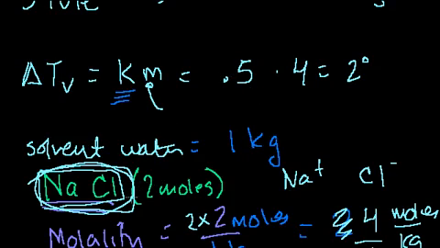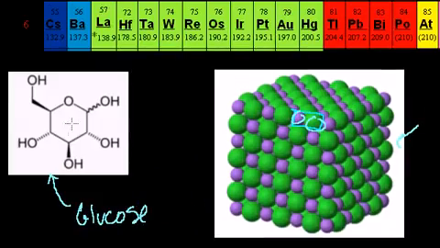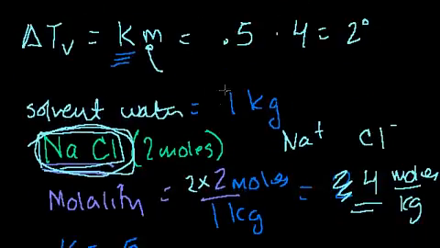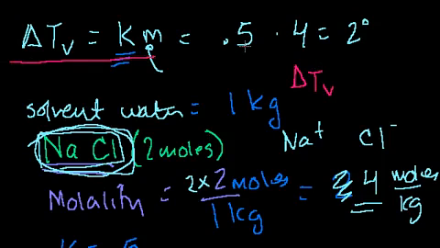Now, if I had 2 moles of glucose dissolved into my water, I would only get half as much of an increase, because the molality would be half as much, because it doesn't turn into 2 particles. In some textbooks, you'll actually see the same formula written like this: change in boiling temperature is equal to K times M times I, where M is the molality of the compound you're talking about.